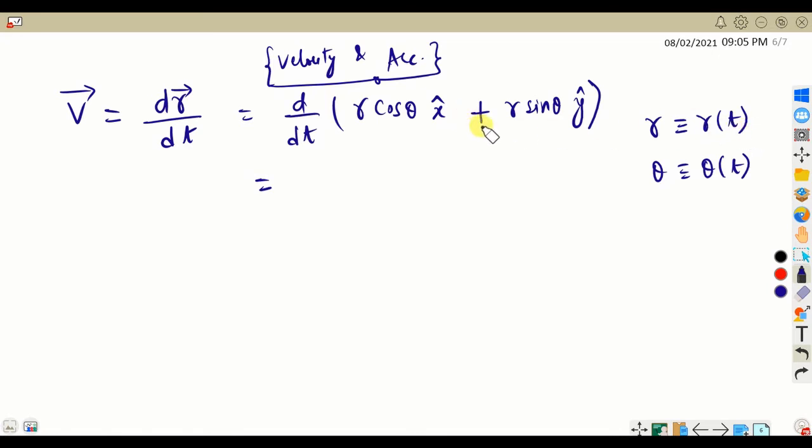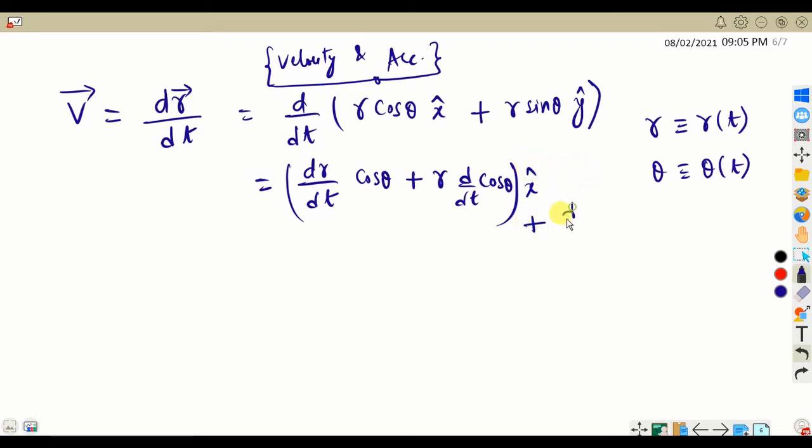Before we do a special case, let us generalize things: r is also a function of time and theta is again a function of time because it is a circular motion. So we have to find the velocity. Therefore, r is also a function of time, so we can write dr over dt times cos theta, plus r d by dt of cos theta, and so on.